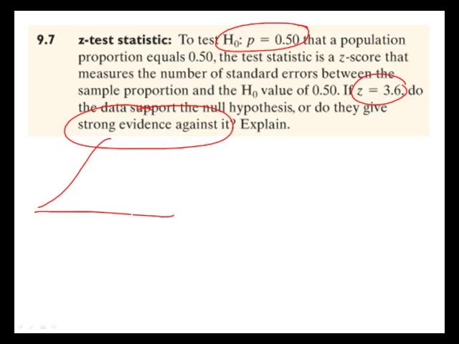But it's mostly because if you're right here with your H0, you have to go out positive 3.6 standard deviations, well after the curve has leveled off. Because your sample data is so far away from the hypothesized mean, it's very unlikely that your hypothesized mean is correct.